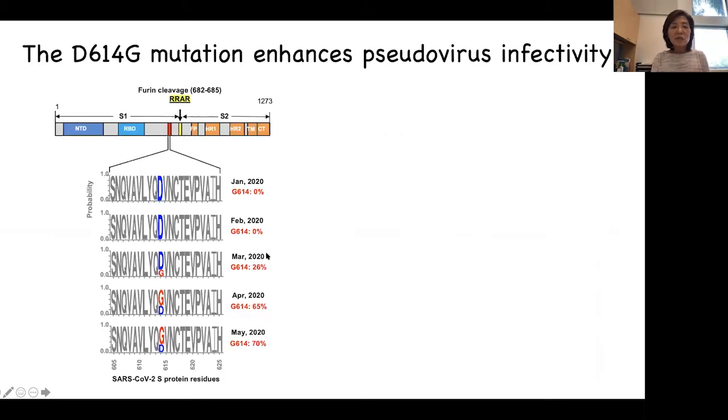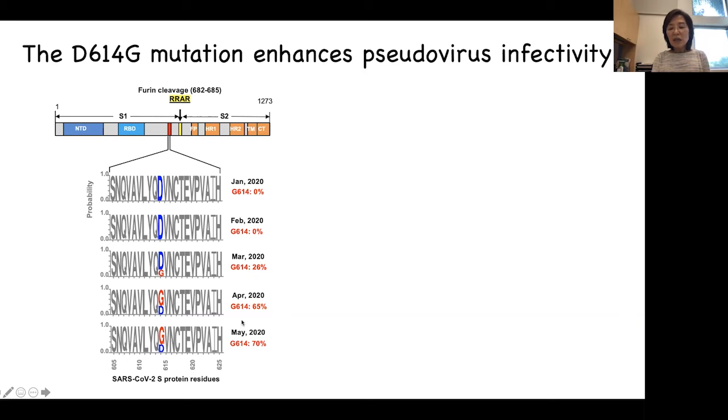I'm going to skip this, but Betty Korber's group first detected this D614G mutation, and after March last year, it really predominated fast around the world.